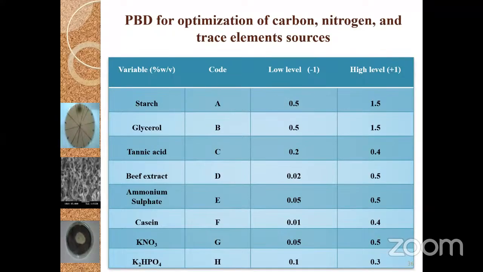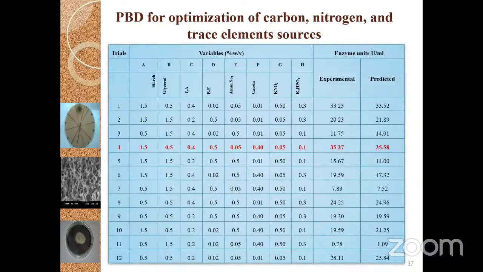With the help of the Plackett-Burman design, we got this particular design, and we used the Minitab software for that purpose. That software gives us the design, which shows the variables and their levels, low level and high level, with respect to starch, glycerol, tannin, and other substances.